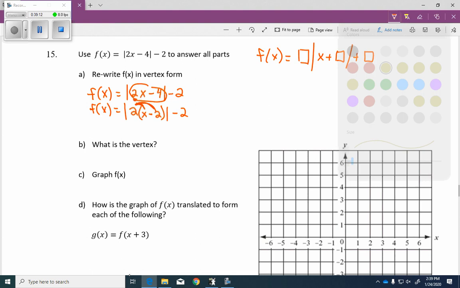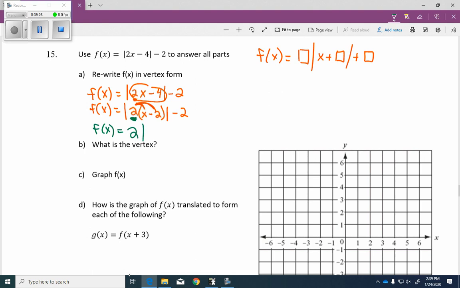Next, we take the absolute value of this coefficient of the number that I undistributed. So f of x equals absolute value of 2 is 2, so it could come outside of the absolute value symbols. And there we go, vertex form. Since it's in vertex form, I can state the vertex.